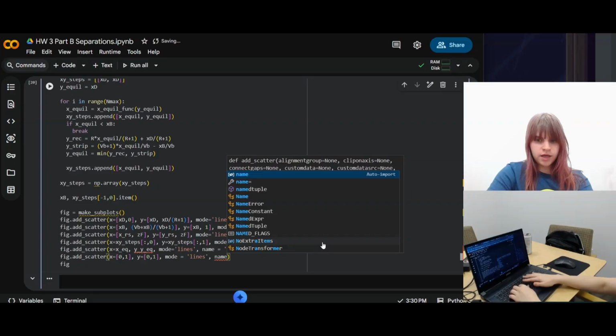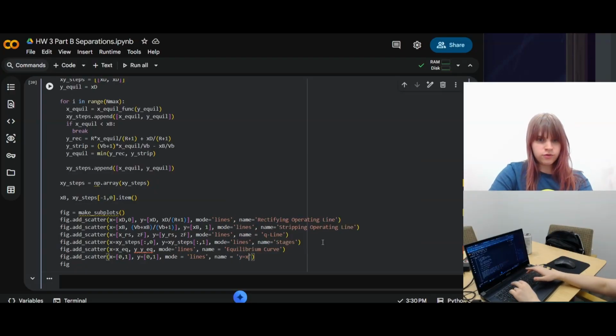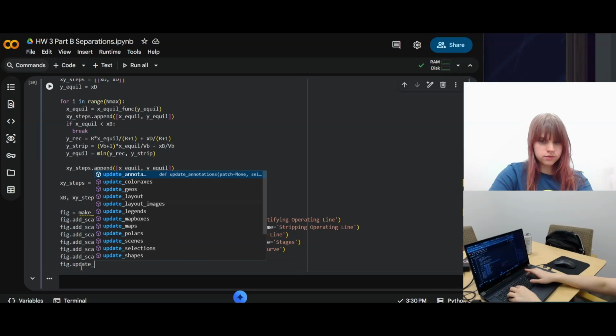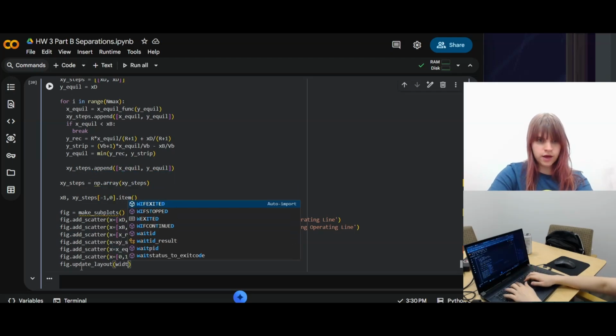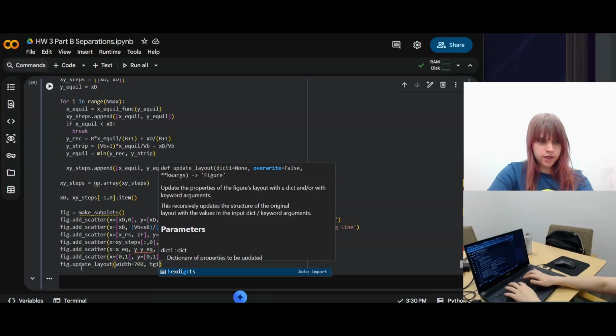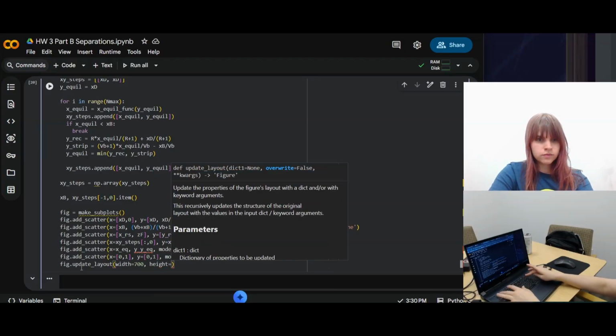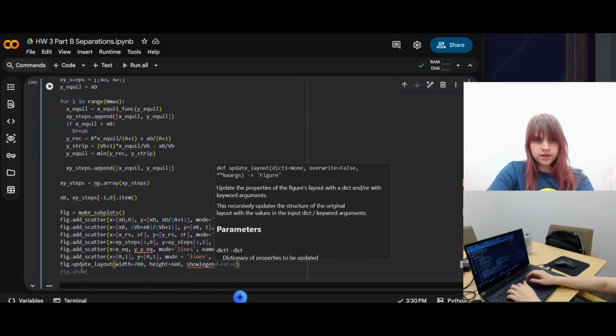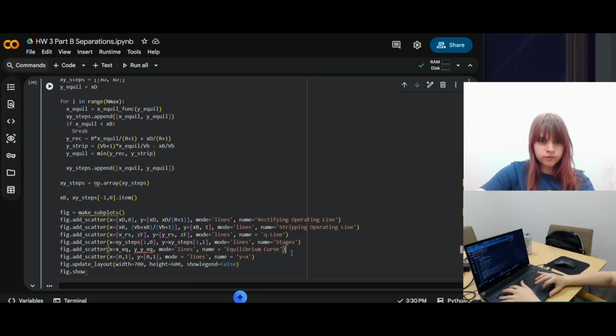And the name is going to be Y is equal to X. I also want to update the layout so that I can set my width and height, and make sure that my legend shows.